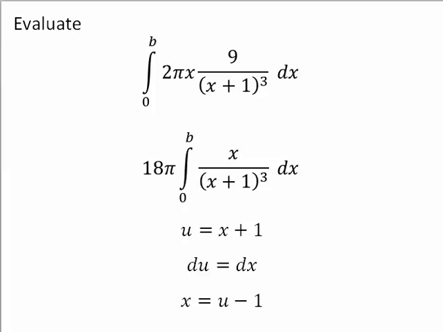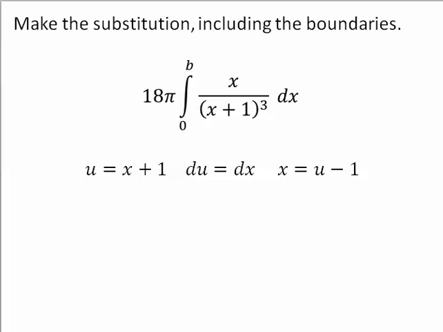X is equal to u minus 1. So let's make the substitution, and we will have to think about the boundaries, but let's first just do the substitution of the integrand. Instead of the x, I put in u minus 1. Instead of the x plus 1, I put in u.